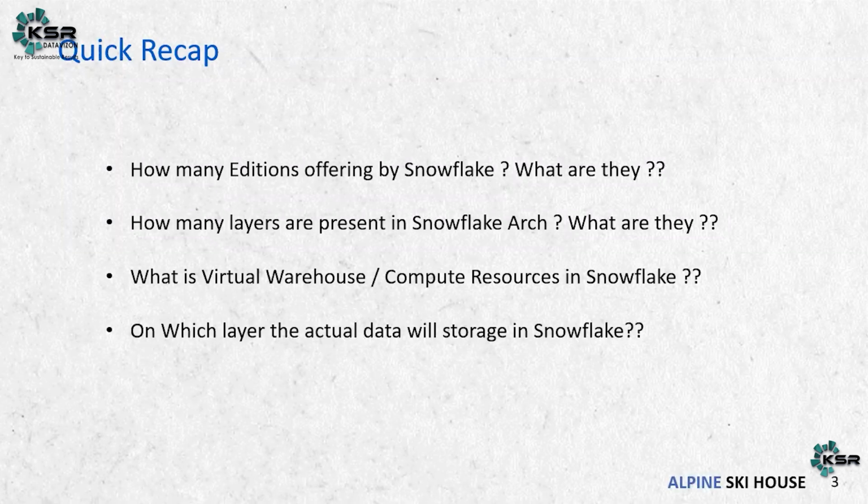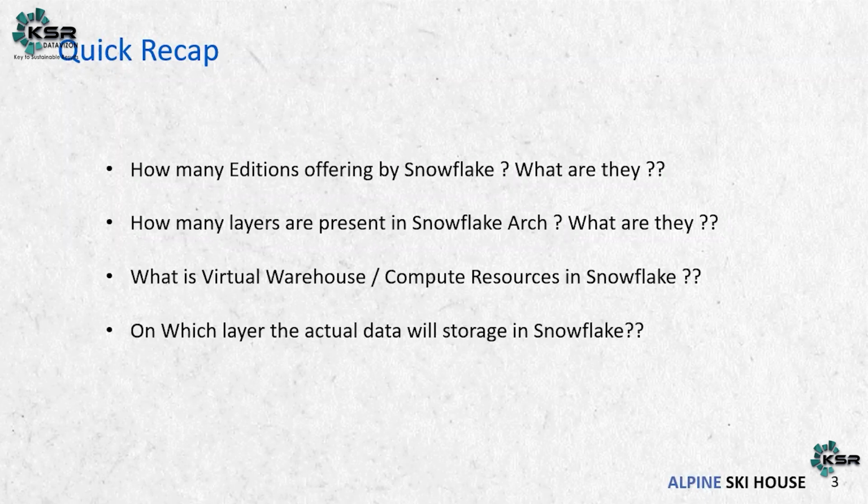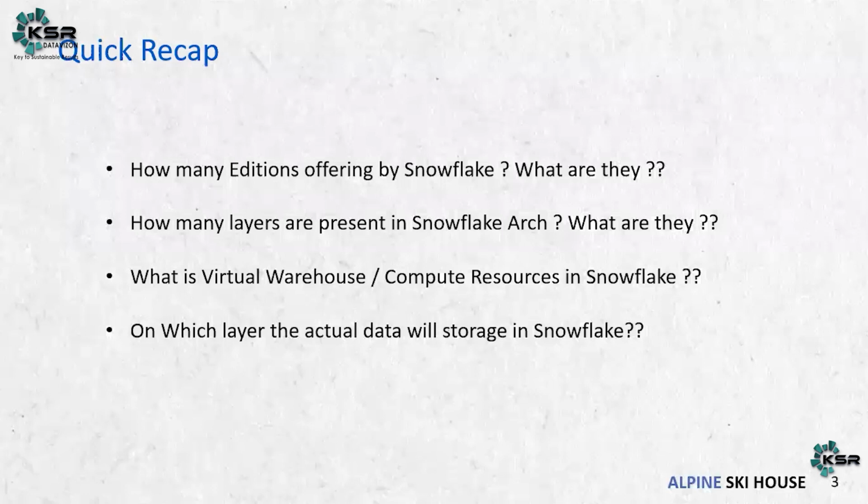The storage layer is where your actual data is stored. It is connected to one of the public clouds, AWS, GCP or Azure, and starts storing the data there. Those are the three layers. Architecture is very important to understand, because your interview will start with architecture.